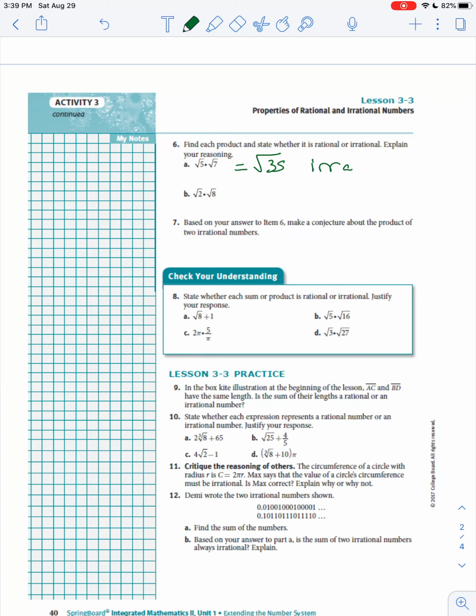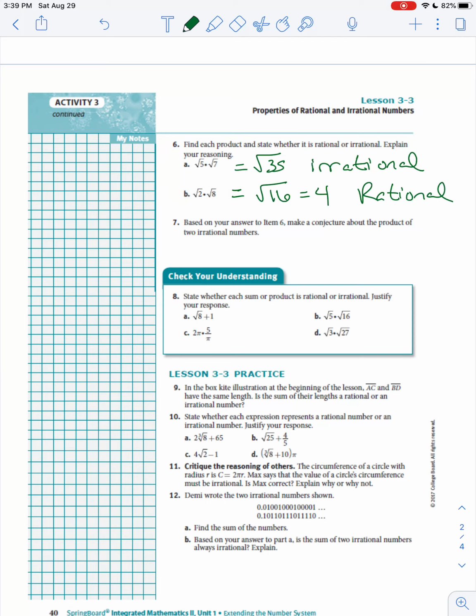So we are going to say irrational. Okay. Part B, I have the square root of 2 times the square root of 8, so I'm going to multiply the square root of 16. But wait, the square root of 16 is 4. It's a perfect square. There we can say rational.